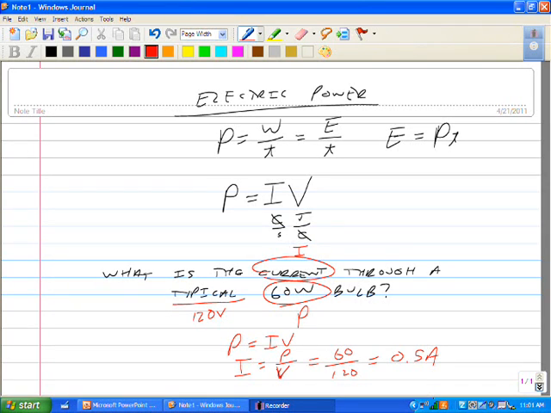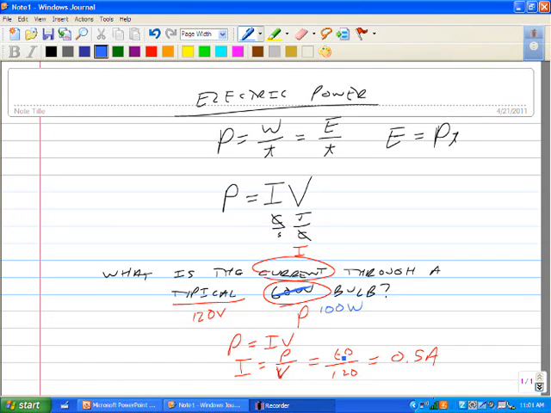Now, what if I change this question and asked for a 100-watt bulb? Is the current going to be higher or lower? Higher.